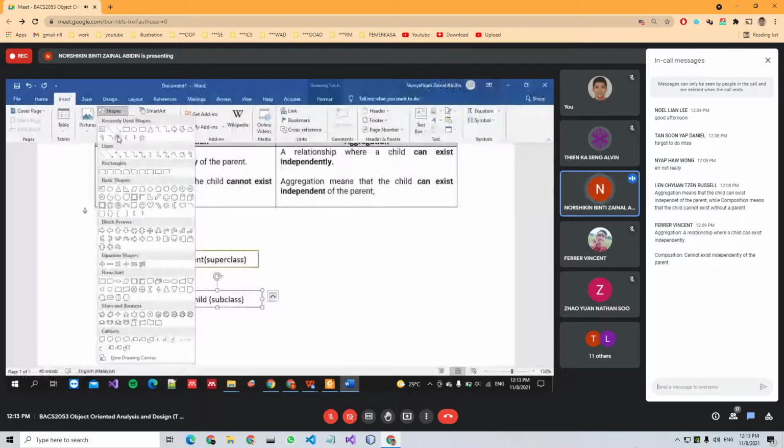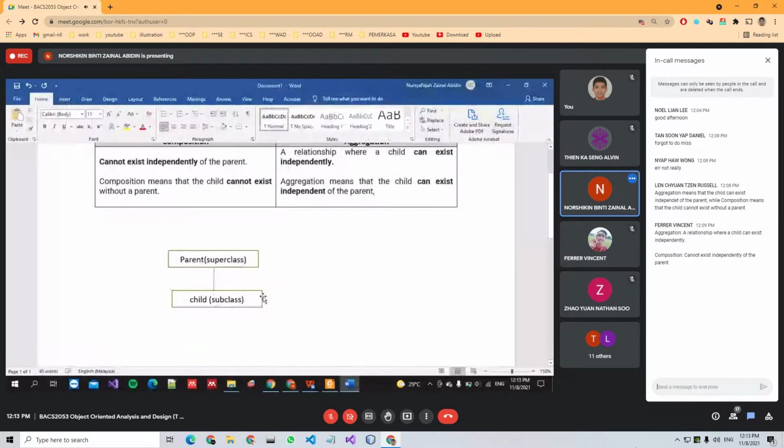For example, in this simple diagram here, we have a parent or superclass and a child subclass.